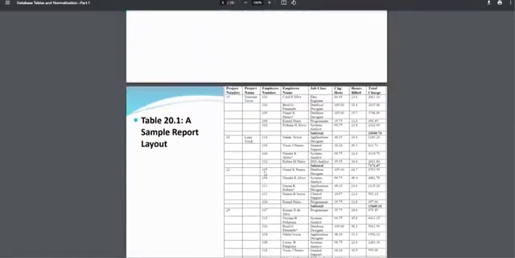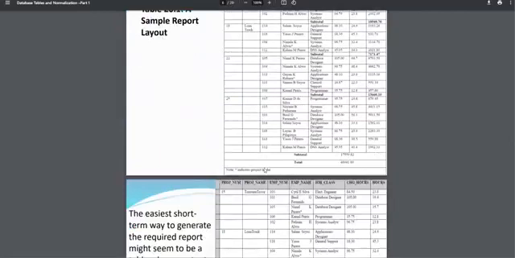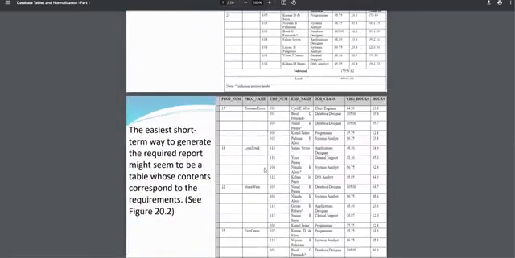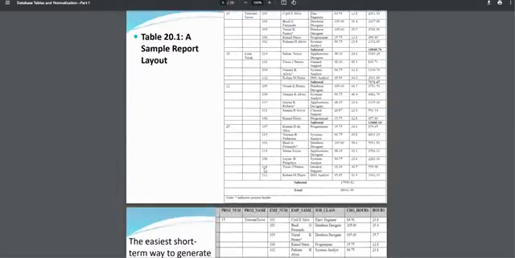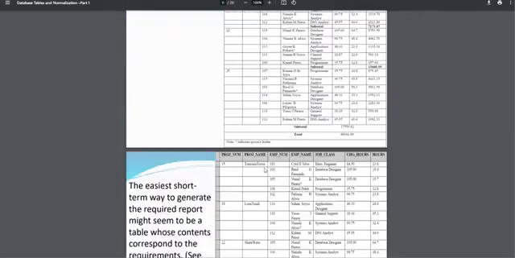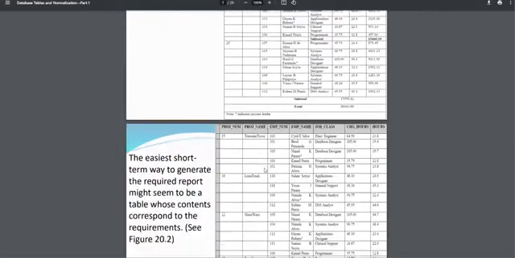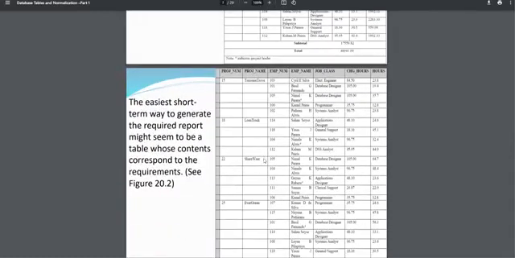These are the characteristics of this given data sheet, right? Study this one, and study the characteristics of this given data sheet and the records of this given data.